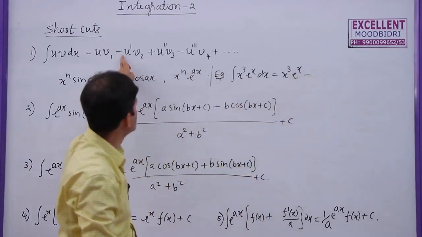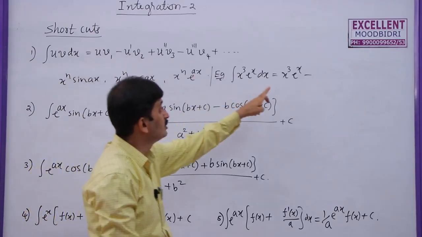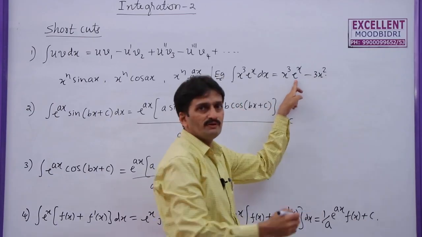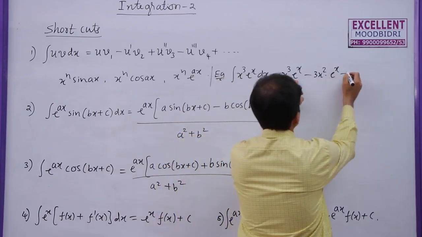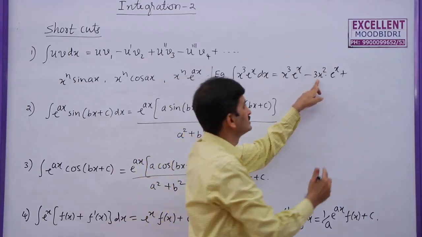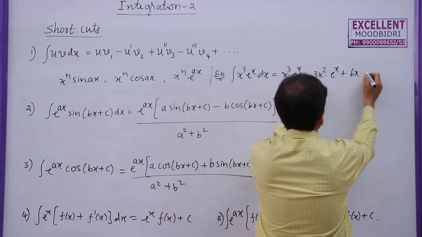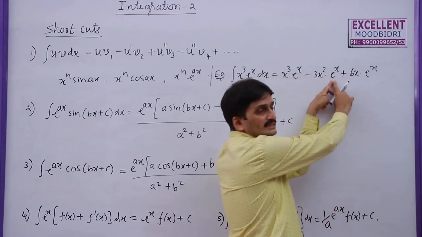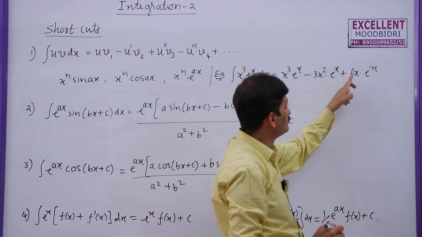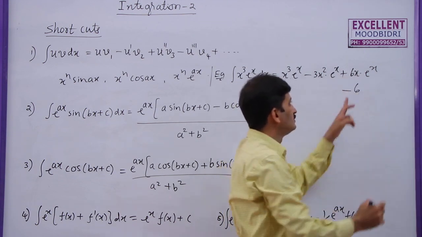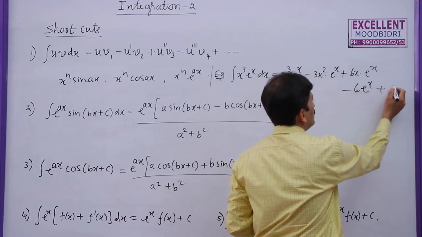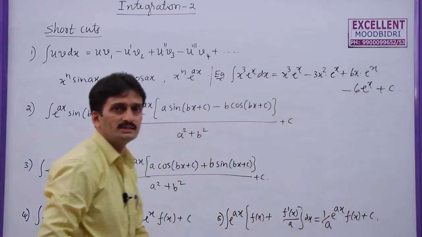Next sign is minus. u dash means derivative of x cube, 3x square, integration of e power x, e power x, plus, next u double dash means derivative of 3x square, 6x, into integration of e power x is e power x. Next sign should be minus. Derivative of 6x is 6, and integration of e power x, plus c. So you got the answer.